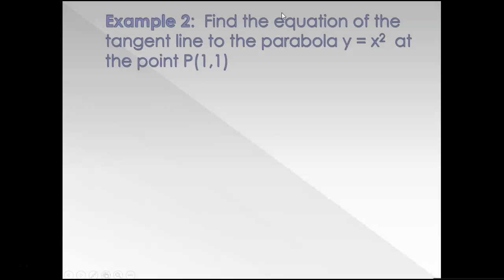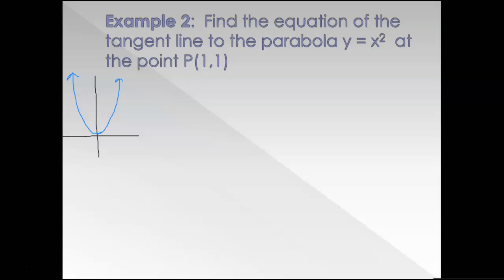Okay, here's the key concept. Find the equation of the tangent line to the parabola at the point 1, 1. We know that a parabolic curve is increasing on the right and decreasing on the left.